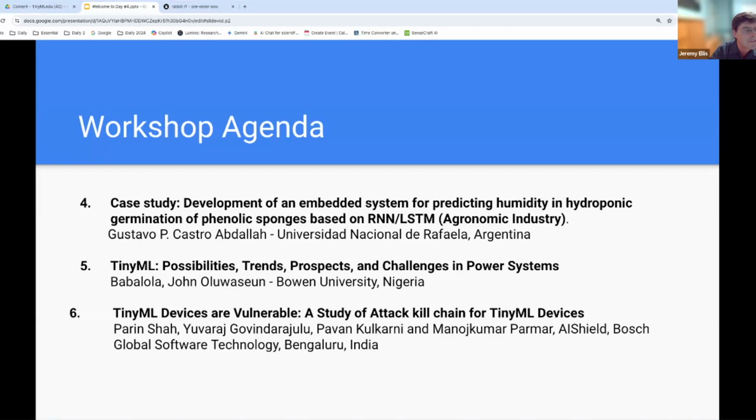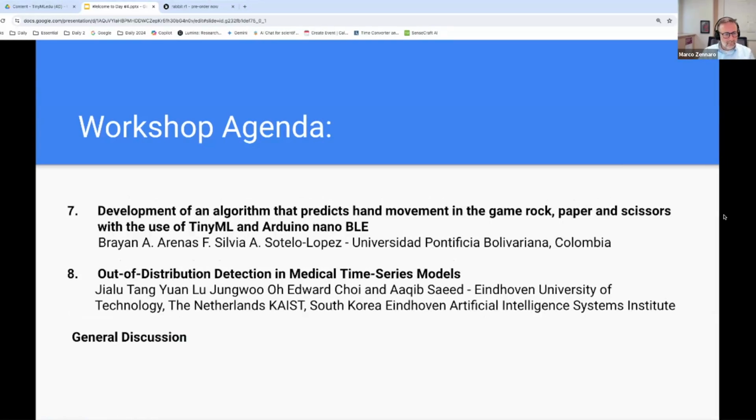And then TinyML devices are vulnerable. A study of attack kill chain for TinyML devices, and we're looking for Perrin. And I can't see him yet. Next slide. Development of an algorithm that predicts hand movement in the game rock, paper, and scissors with the use of TinyML and the Arduino Nano BLE.